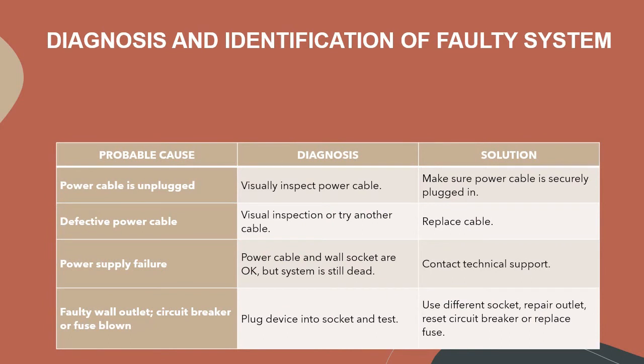So we have here diagnosis and identification of faulty system. So actually there are 21 examples here, but we will try to discuss it one by one. And I know others are familiar with you, so we can have this smooth discussion here.